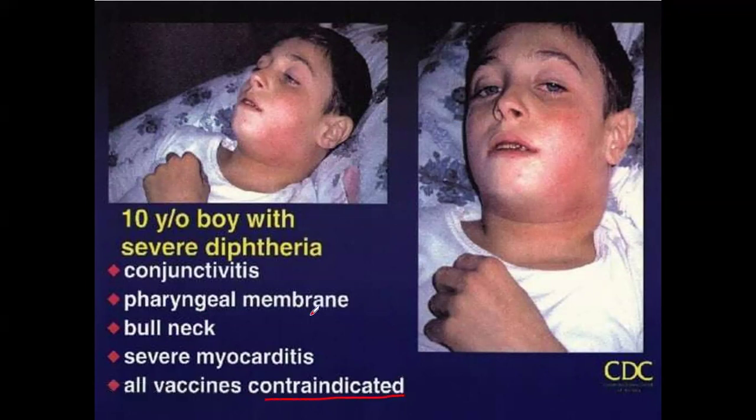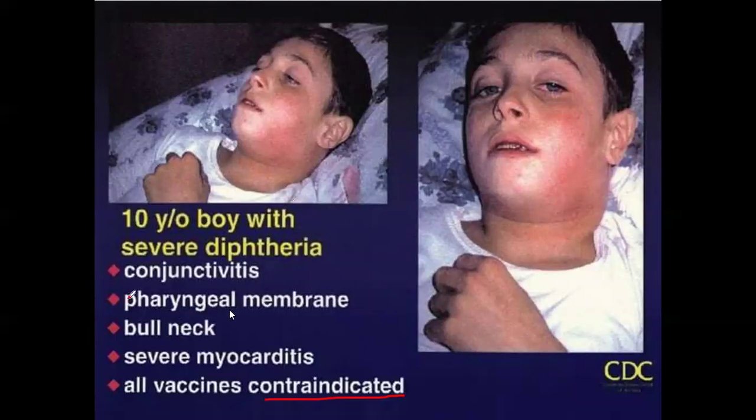What do you think? Why do you think that in this patient with severe diphtheria, the vaccines that should be given for diphtheria are contraindicated? Why do you think? Pardon? They can exacerbate the disease. Excellent. Very good. They can exacerbate. Yes, so we want to prevent exacerbation of the disease. Because remember, the vaccine that you're giving is a toxoid.